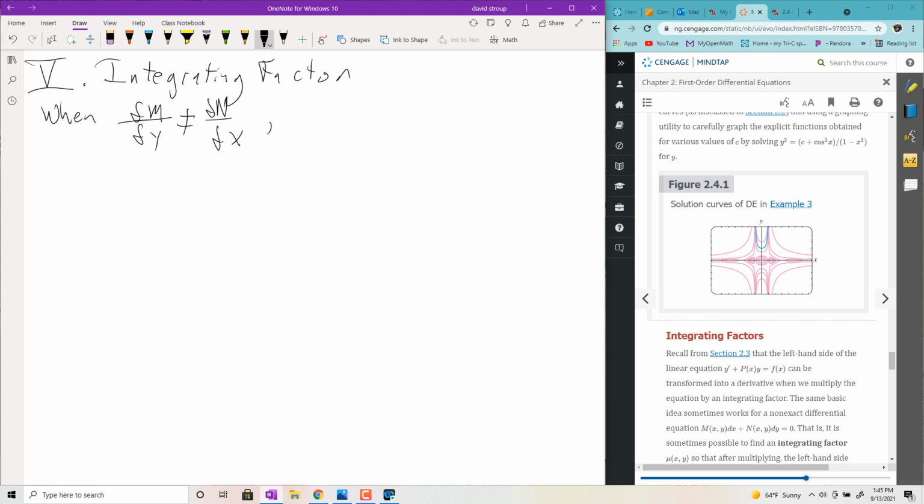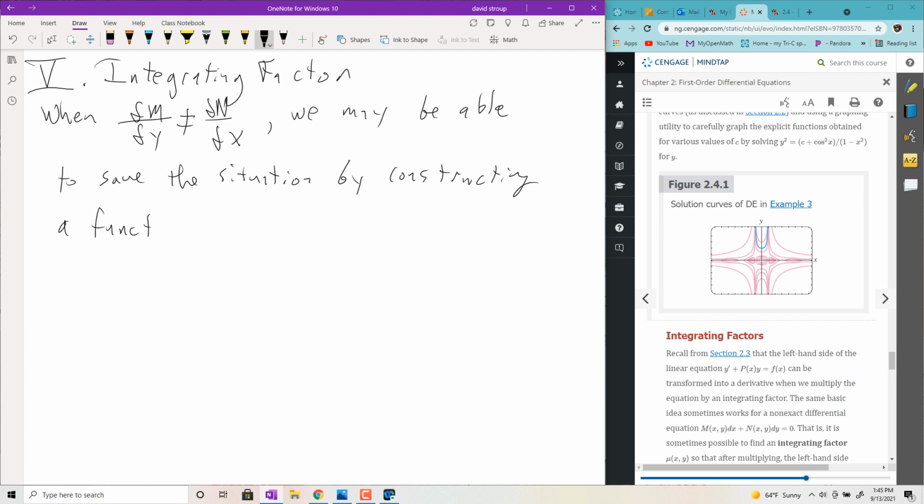We may be able to save the situation by constructing a function mu so that if we were to multiply the original equation by it, the partial of m times mu with respect to y will equal the partial of n times mu with respect to x. Okay.